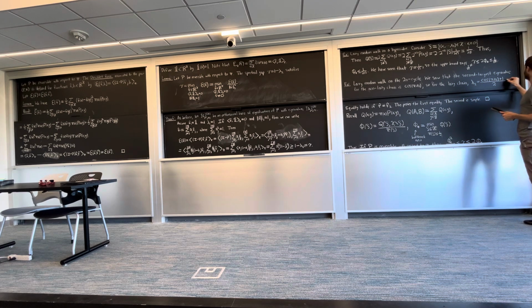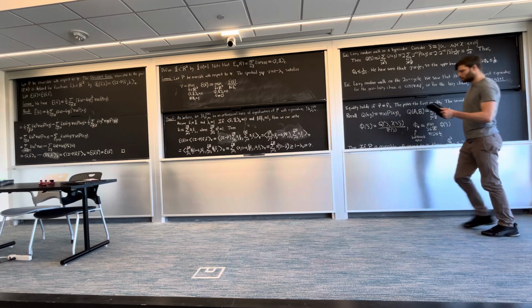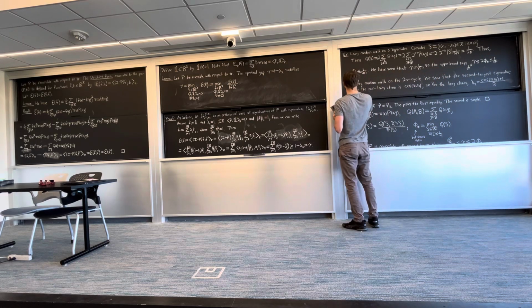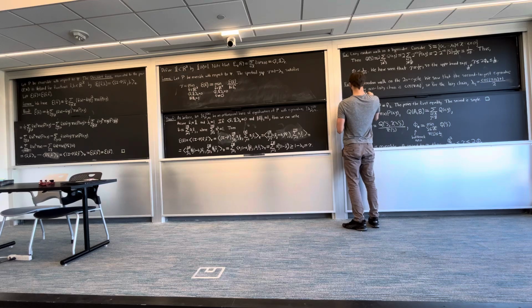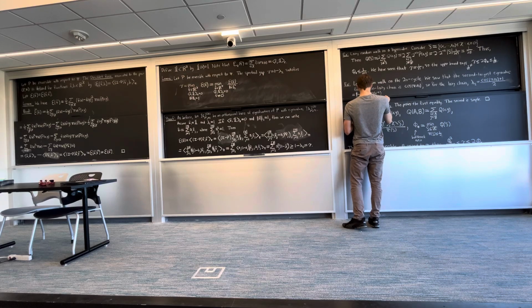And this is 1 minus pi squared over 4n squared plus O of n to the minus 4.